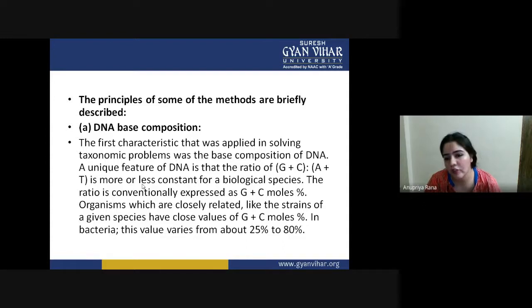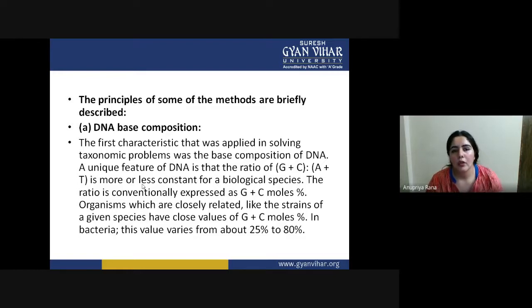In bacteria, the ratio is conventionally expressed as GC mole percentage. Organisms which are closely related, like strains of a given species, have close values of GC mole percentage. In bacteria, this value varies from about 25% to 80%.